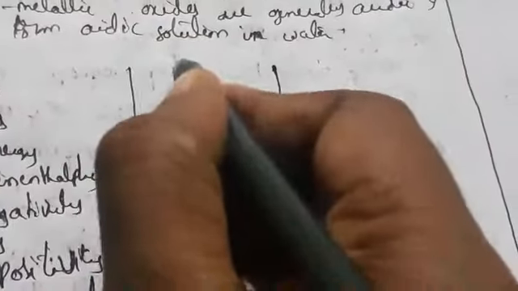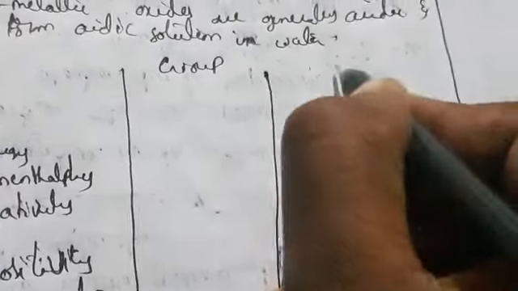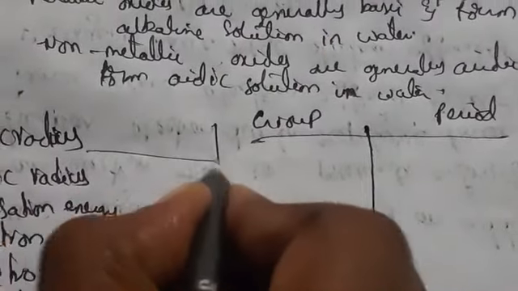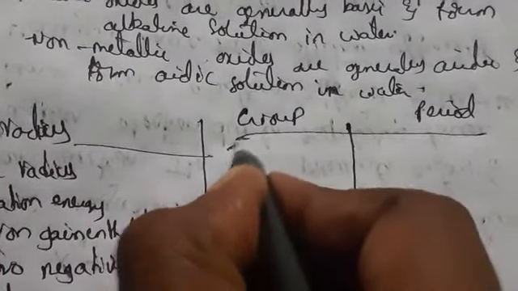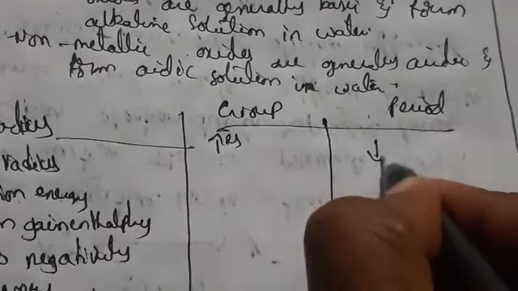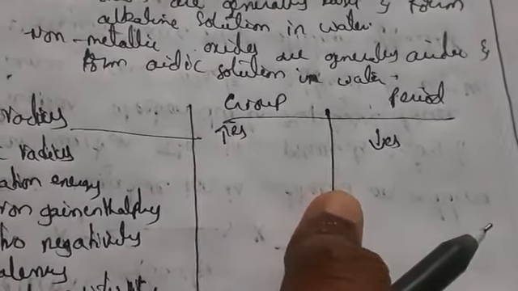So let us see in a group what happens and in a period what happens. Coming to atomic radius, it increases in a group and decreases in a period.